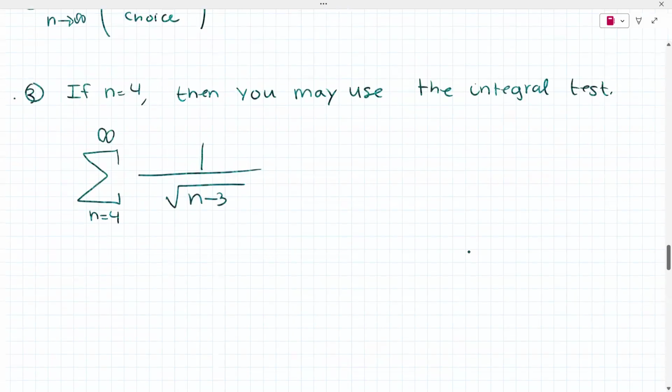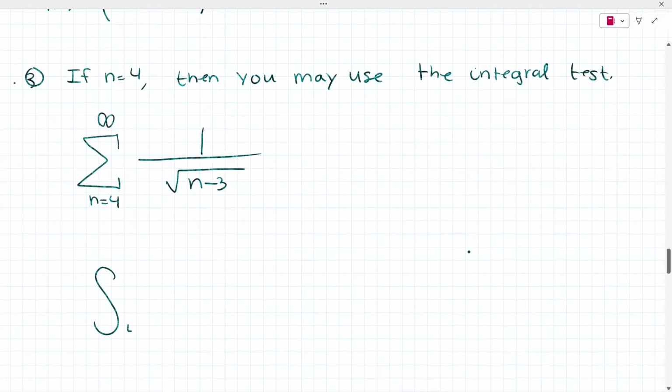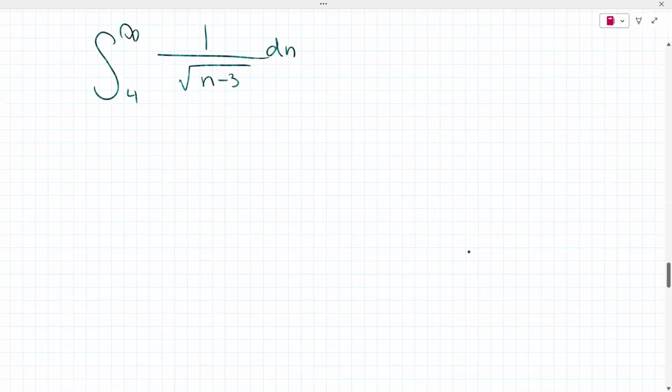So it would be the integral from 4 to infinity of 1 over square root of n - 3 dn. And then it would be the limit as a approaches infinity, from 4 to a.